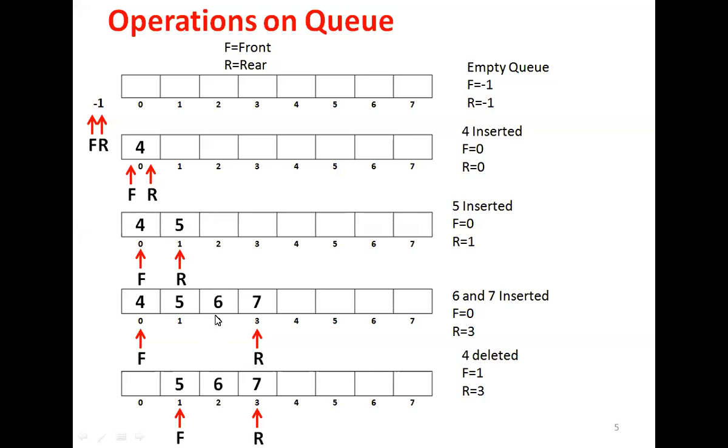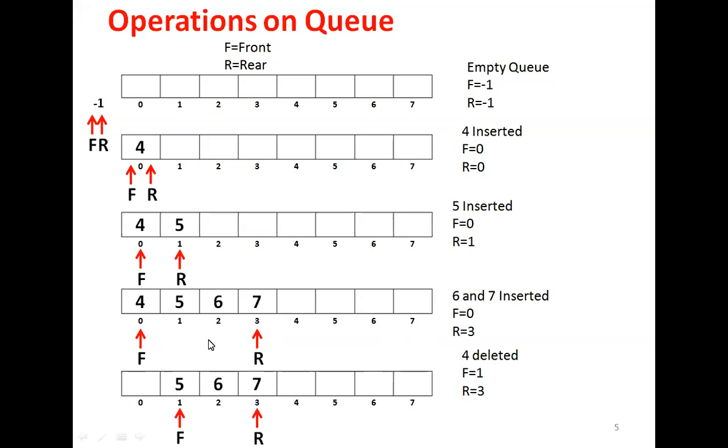Then after inserting 6, you have to again increment r by 1, so it is pointing to this location. Then you can insert this 7. Now you see here, we are inserting 5, 6, 7. The r value is incremented, but the value of f is the same as it is. It is 0. F is pointing to the first element, that is index 0.